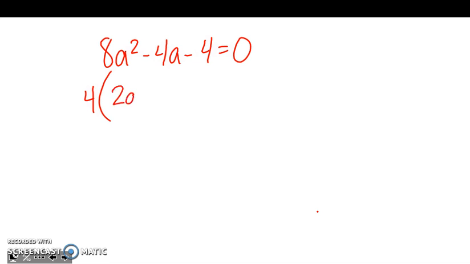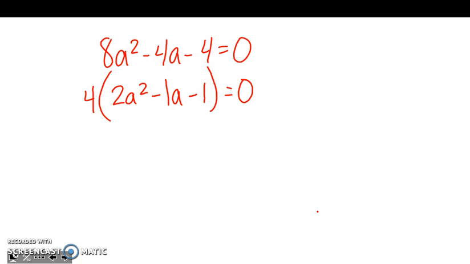So if I have 8a squared minus 4a minus 4 equals 0. So the first thing you should be looking for, guys, is can I pull something out of all these? And I can. I can pull a 4 out of all of those. So I get 2a squared minus 1a minus 1 equals 0. And then you go ahead and find your binomials.